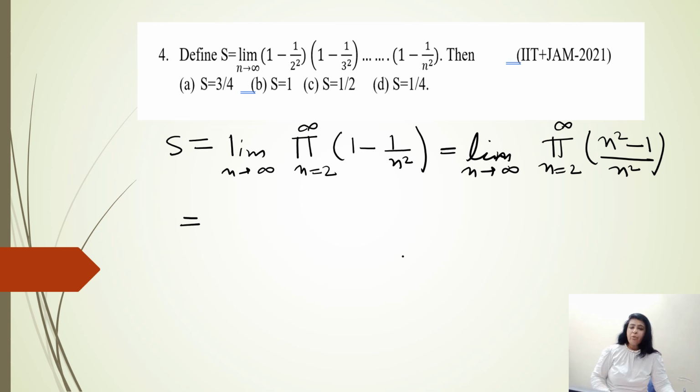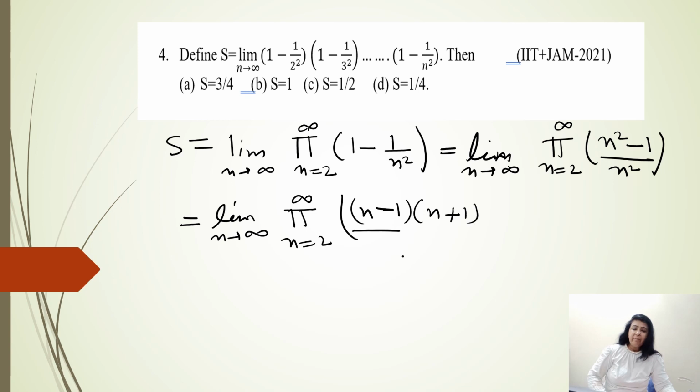Or this is equal to, sorry, limit n approaches infinity, product n varies from 2 to infinity, of n square minus 1, which can be written as n minus 1 times n plus 1, divided by n square.